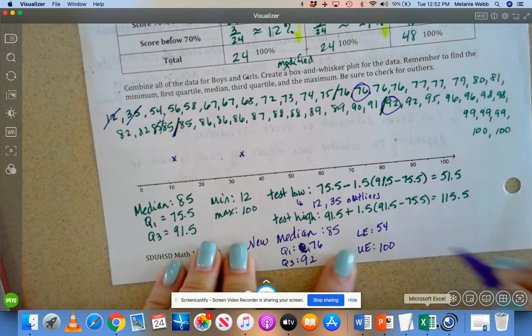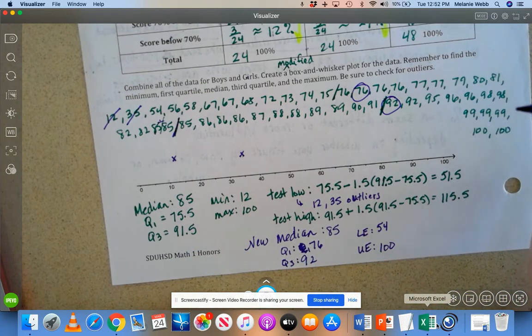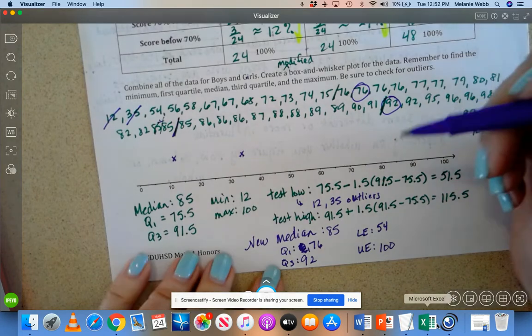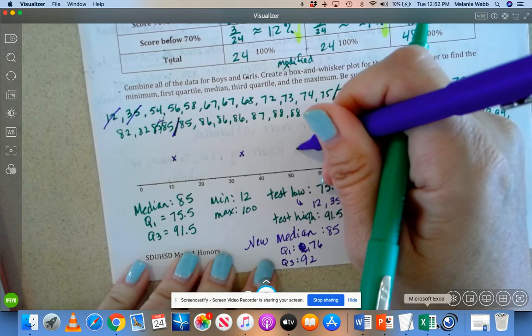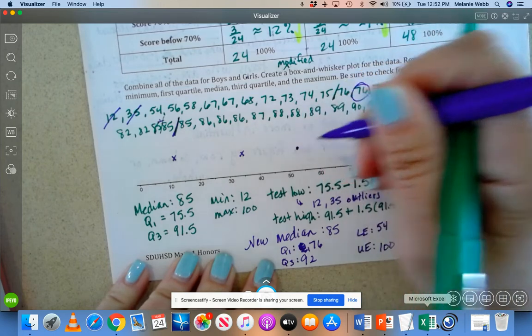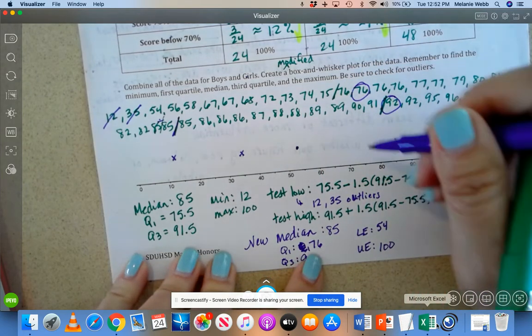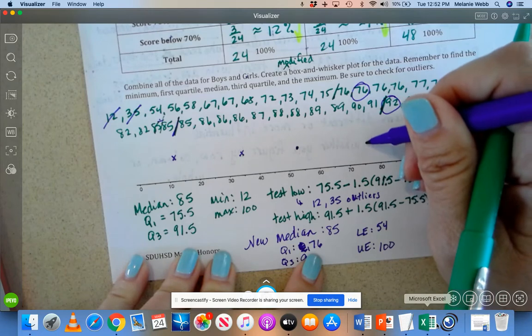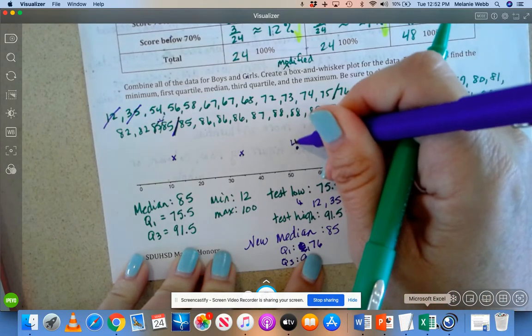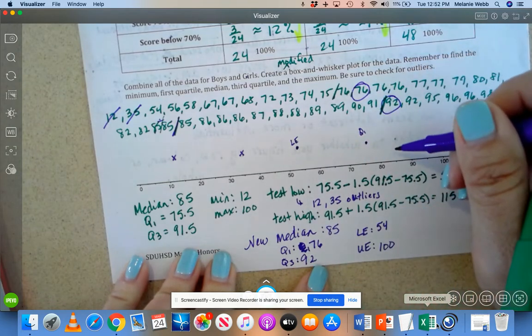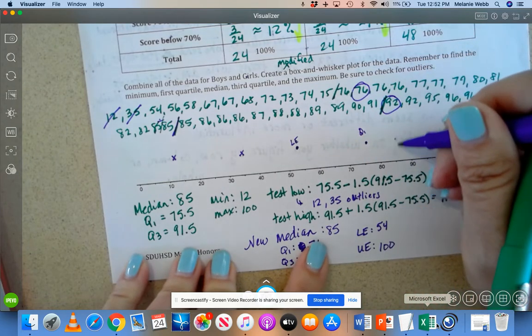So I'm going to make my modified box and whisker plot. My lower extreme, 54, about right here. My Q sub 1, 76, about right here. My median is about right here, 85.